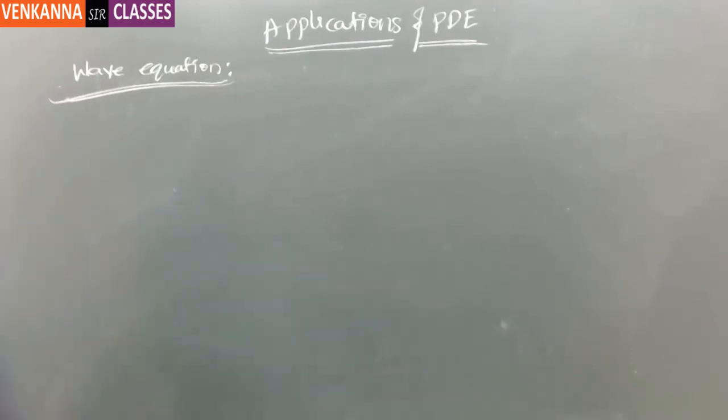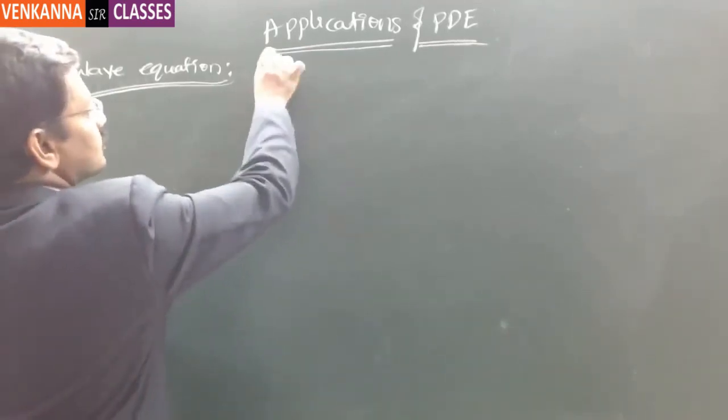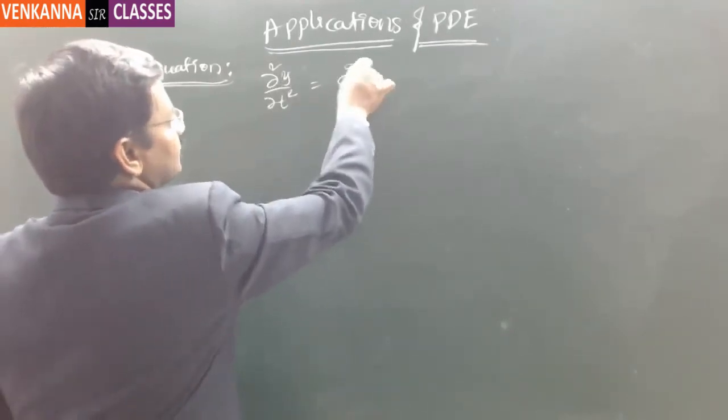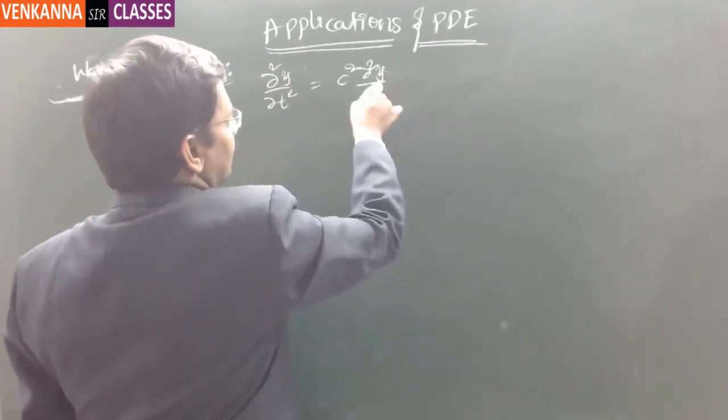Now just take down this. Dou square y by dou t square is equal to c square into dou square y by dou x square.